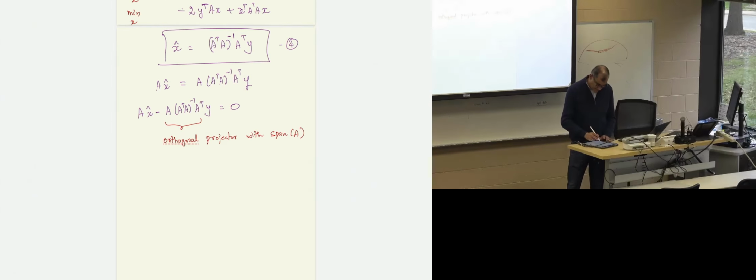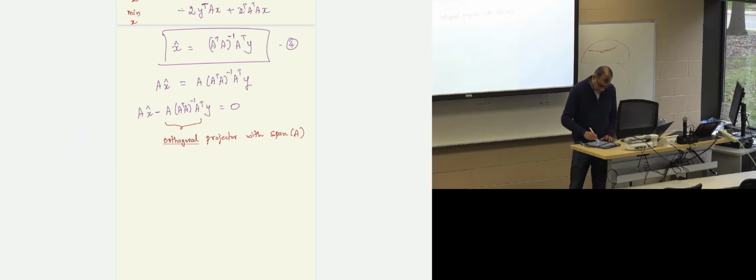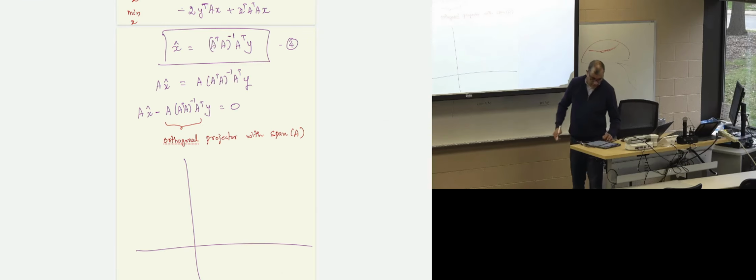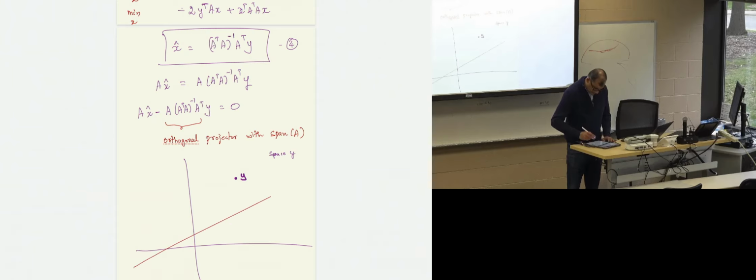Okay, so let's look at this graphically. This is the space of Y, or the output space. Let's say this is your particular Y, and this is the range of A. So this line is the range of A. What does range of A mean?